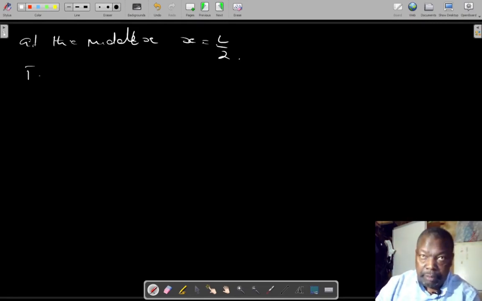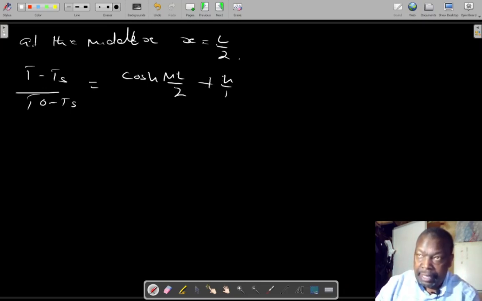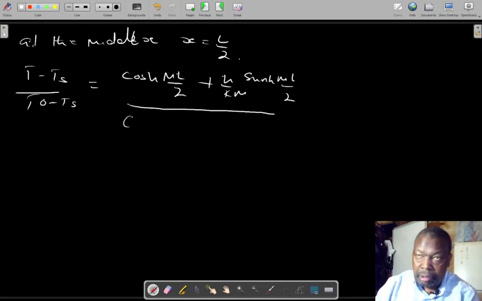So we'll have T minus Ts over T naught minus Ts is equals to cosh of ml over 2 plus h over km sinh of ml over 2, divided by cosh ml plus h over km sinh ml.